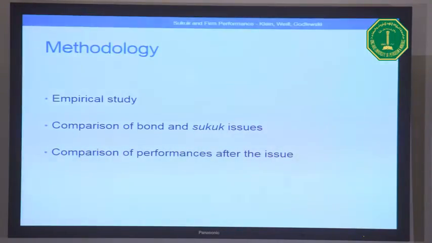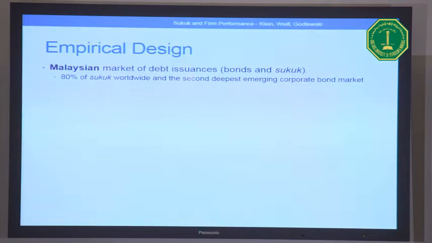We compare bond and sukuk issues, and we compare the performances after the issue using balance sheets and stock returns. We use the Malaysian debt market of debt issuances, both bonds and sukuk. Why Malaysia? Because Malaysia issues 80% of the sukuk worldwide, and more important, it has a big bond market in standard of corporate emerging countries.